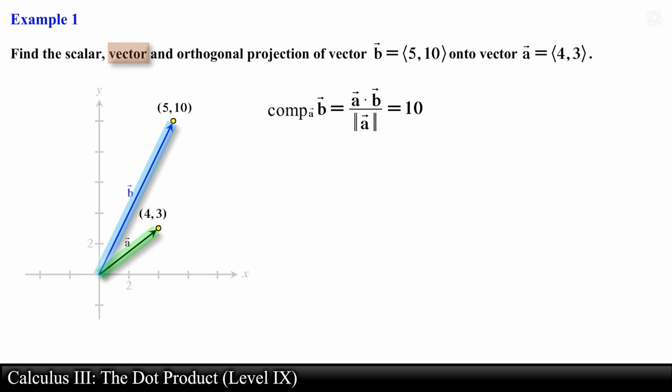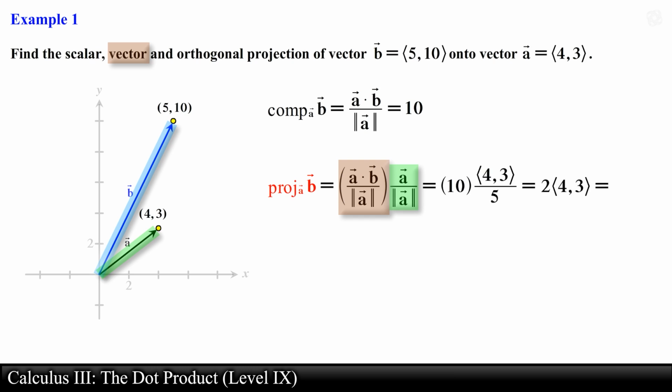Next, let's go ahead and find the vector projection of vector B onto vector A. This vector can be found by taking the scalar projection and multiplying it by the unit vector in the direction of vector A. Substituting the appropriate values and simplifying, we obtain the following vector.